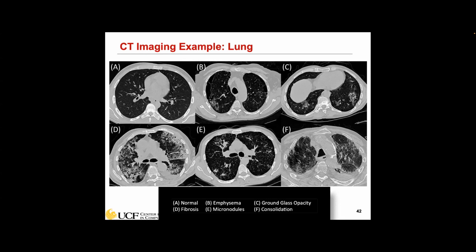Okay. And D here is fibrosis, a disease of the lung. It occurs when the lung tissue becomes damaged or scarred, and the thickened, stiff tissue makes it more difficult for your lungs to work properly.